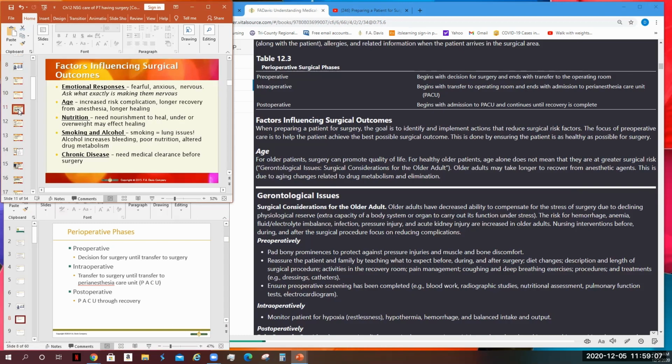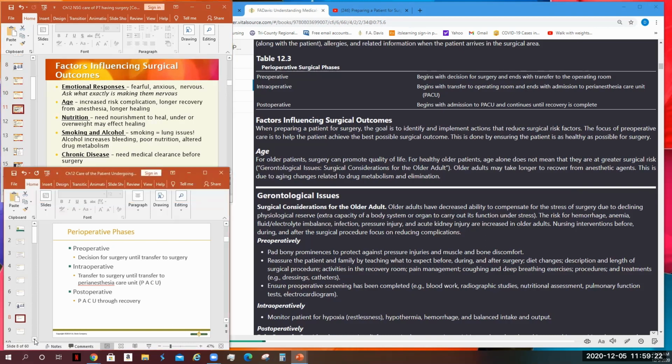Gerontological issues. Surgical considerations for the older adult. Older adults have a decreased ability to compensate for the stress of surgery due to declining physiological reserve, the extra capacity of a body system or organ to carry out its function under stress.